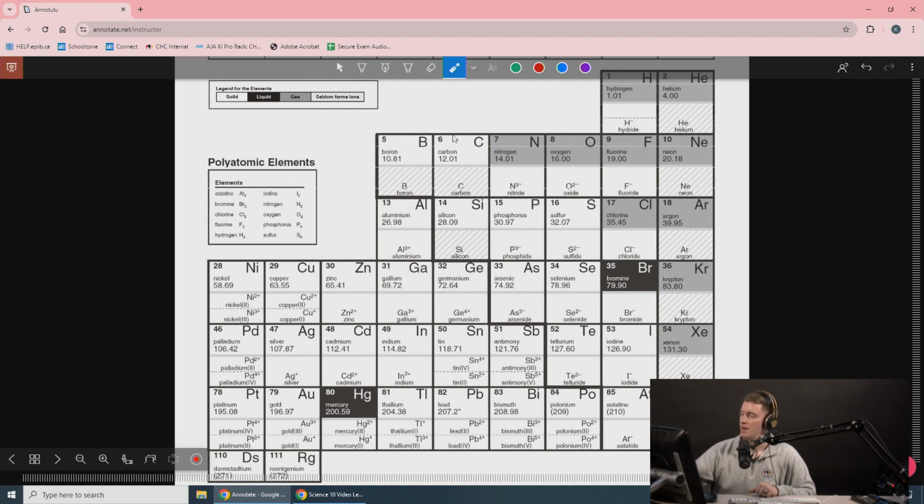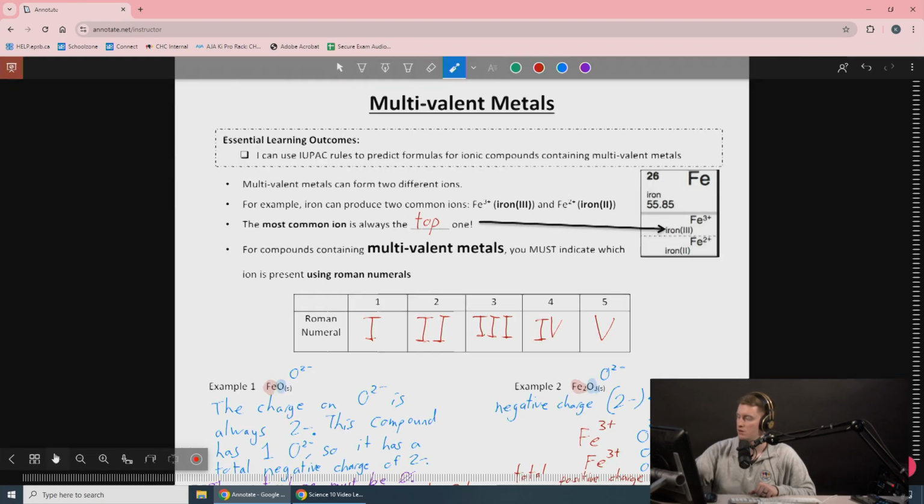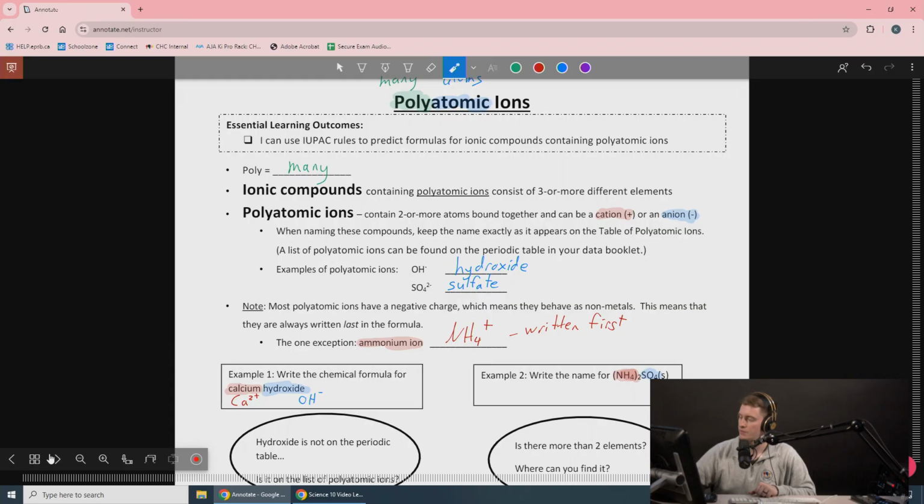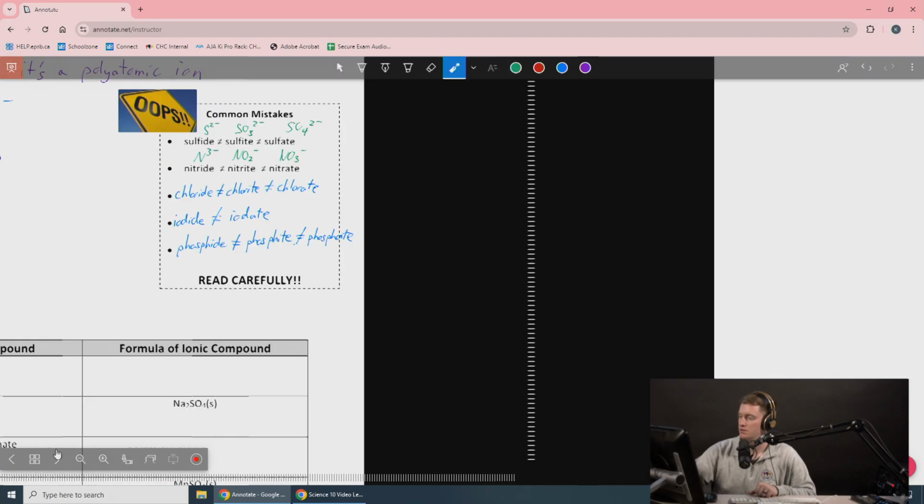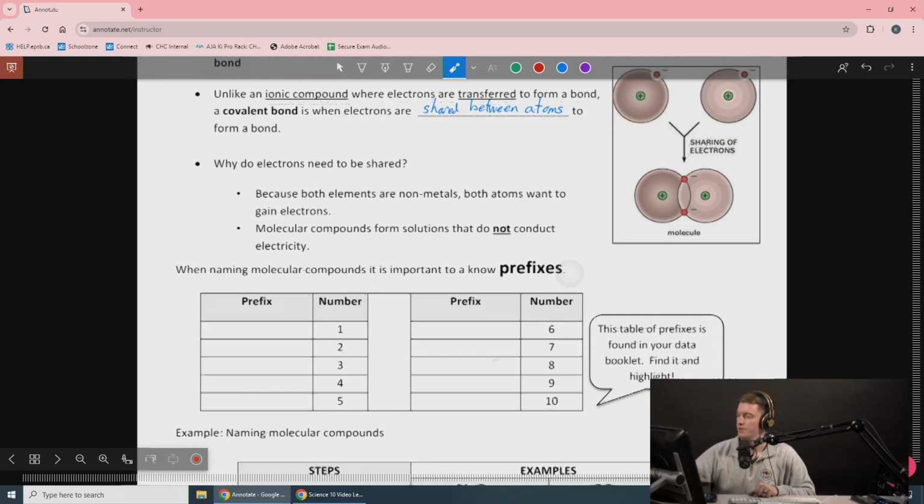So everything on the right side of the staircase is a non-metal. The things on the left side, those are metals. You'll notice that these all, when they're part of an ionic compound, want to have a negative charge, except for silicon, carbon, and boron, which seldom form ions on their own.